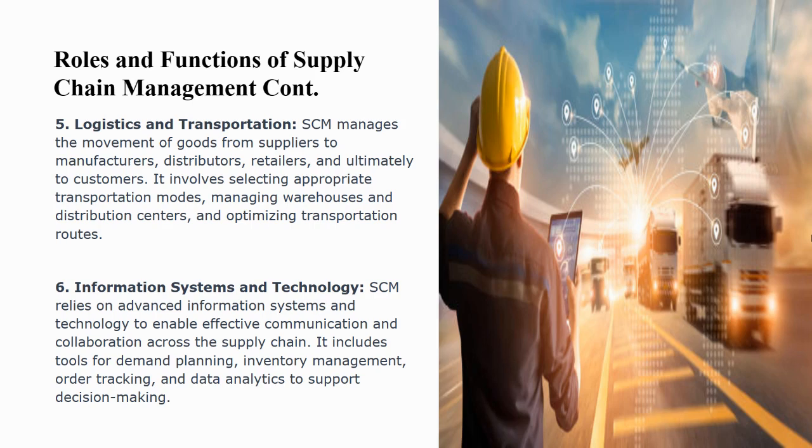There is a lot of software available to help in the area of procurement, in the area of supply chain and all that, like Oracle. There are several other technologies or software available to help us in the entire process. It includes tools for demand planning. These tools help us to plan or forecast demand.